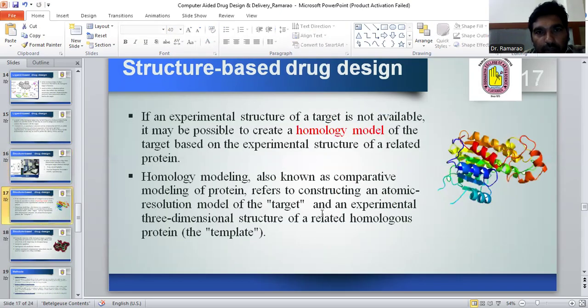Already I told you about the homology model. If an experimental structure of the target is not available, there is the possibility to create a homology model of the target-based structure. Homology modeling, also known as comparative modeling of the protein, refers to constructing an atomic resolution model of the target from a 3D template.